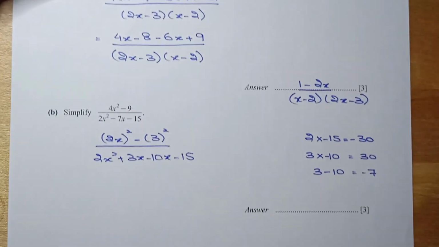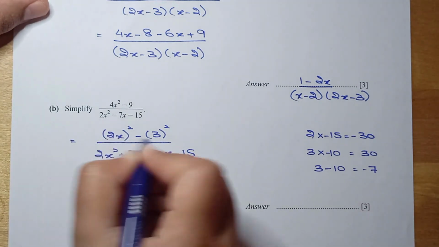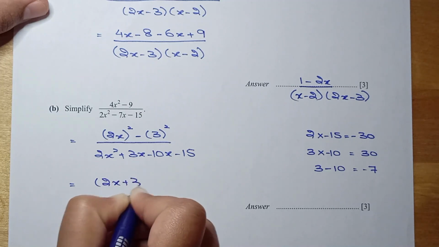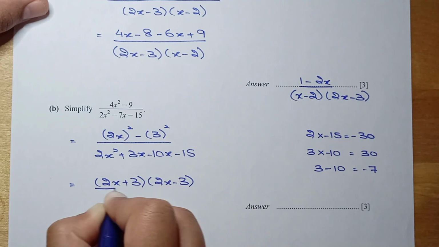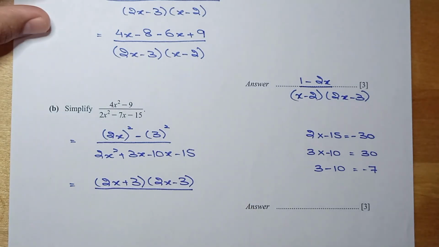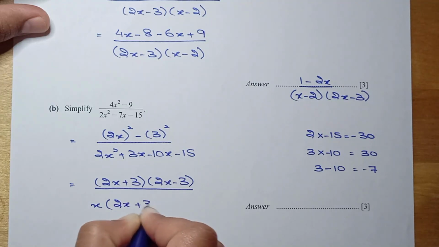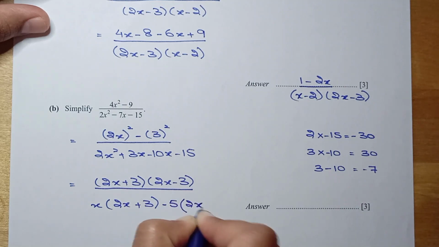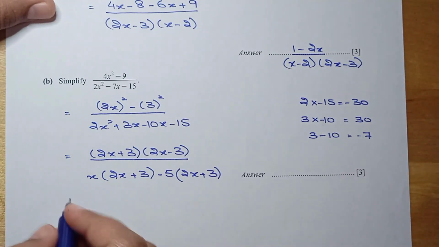So in the numerator, we are going to use the formula a squared minus b squared. So a is 2x and b is 3. So this is a plus b, 2x plus 3, and a minus b, 2x minus 3, over. Okay, let me take x common. We are left with 2x plus 3. And if I take 5 common, minus 5 times 2x plus 3. Okay, let me combine the factors from the denominator as well.